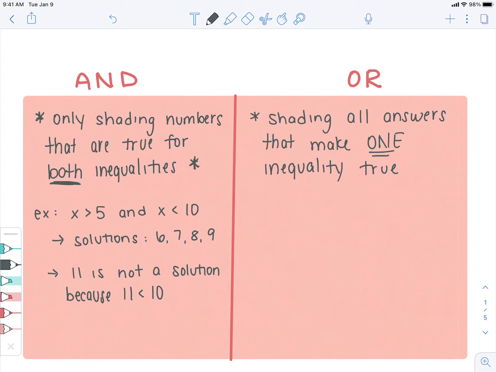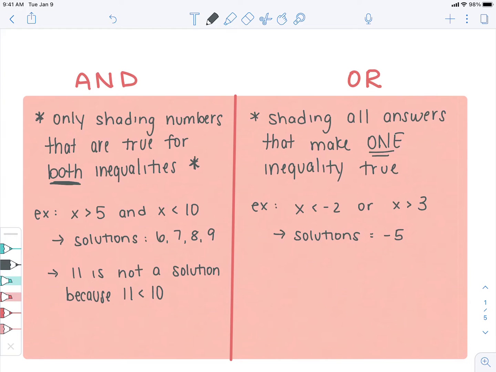So the difference here is if I said, for example, x is less than negative 2 or x is greater than 3, it just has to make one of those true. Doesn't have to make them both true, it just has to make one true. So negative 5 would be a solution because negative 5 is less than negative 2.